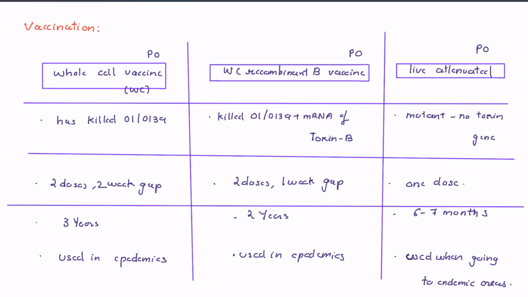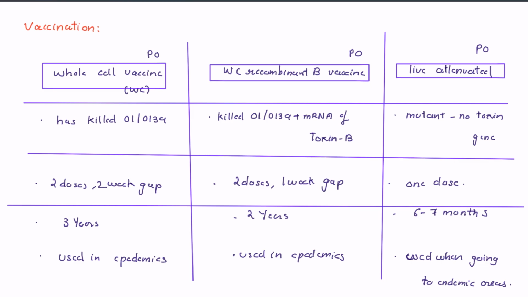And the live attenuated one is not a killed bacteria, but a mutant which doesn't have the toxin. Why doesn't it have a toxin? Because the toxin is phage coded and these bacteria have been bred in such a way that they do not have this toxin.